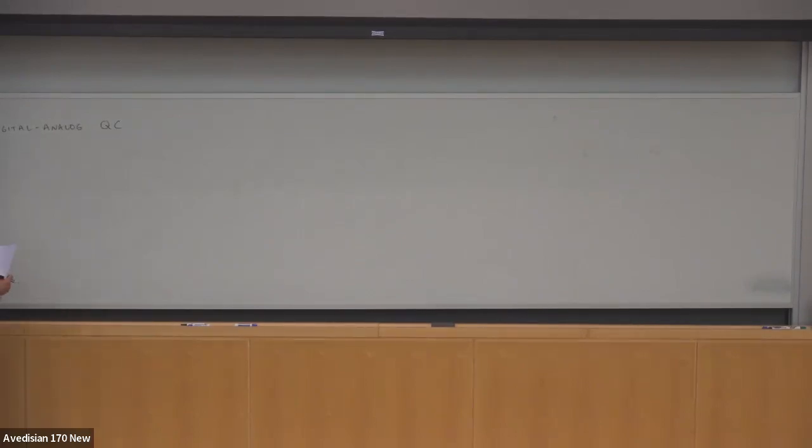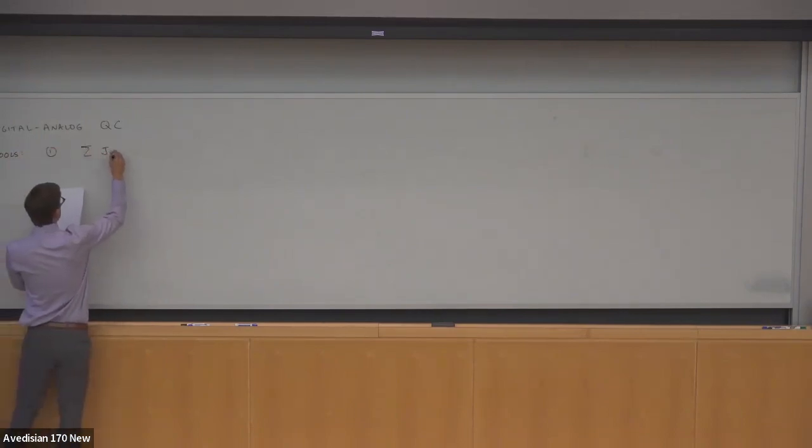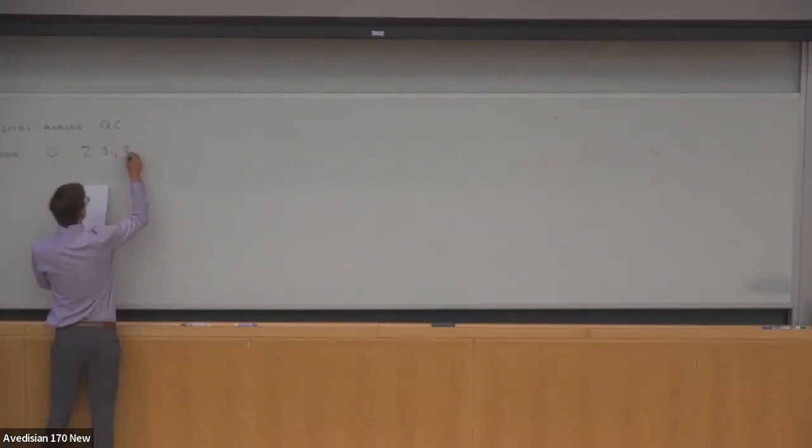So in this case, our tools are some Ising interaction, some sum of Jij sigma i x sigma j x, and this is an all-to-all interaction.